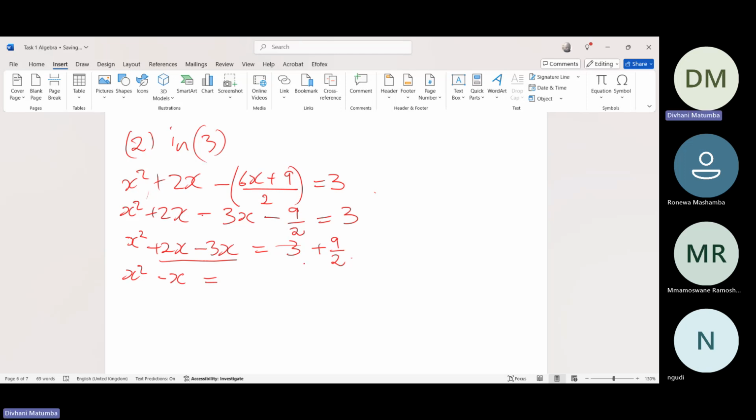So 3 plus 9 over 2, what do we get? From the calculator, 3 plus 9 over 2 will give us 7.5, but that is 15 over 2.